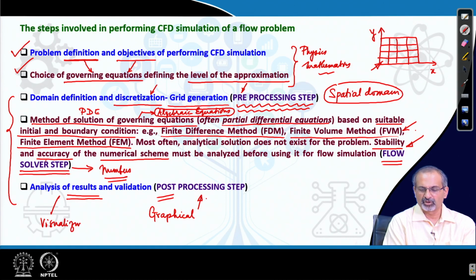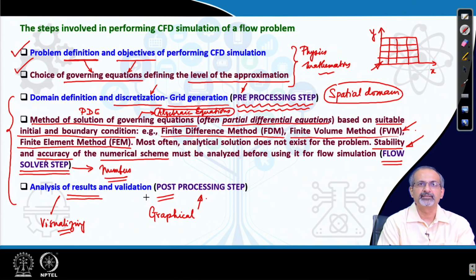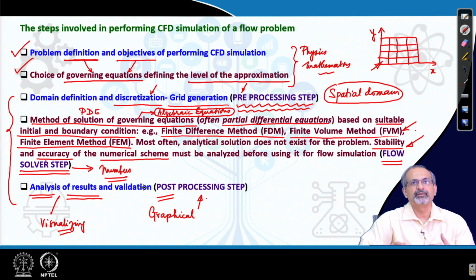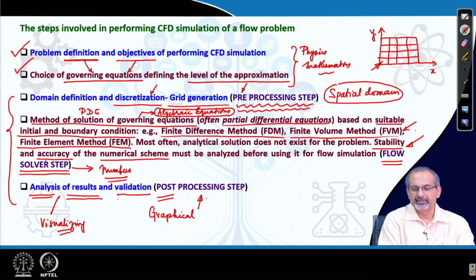We did a lot of visualization of such data in the last several slides, and we realized that once we look at those numbers through such graphical plots, they help us to analyze it better, because even by looking at such results, we can have a much better idea about the flow physics. And then it is not enough if we just get some numbers and we are able to plot them, but we also need to validate them in some manner.